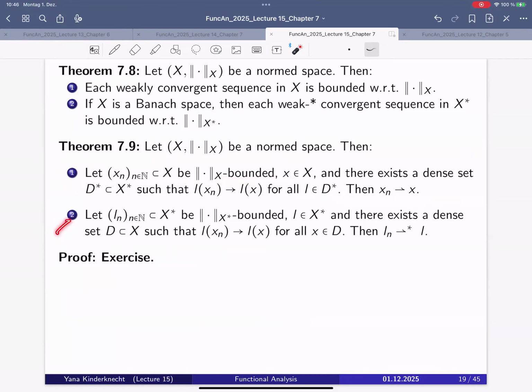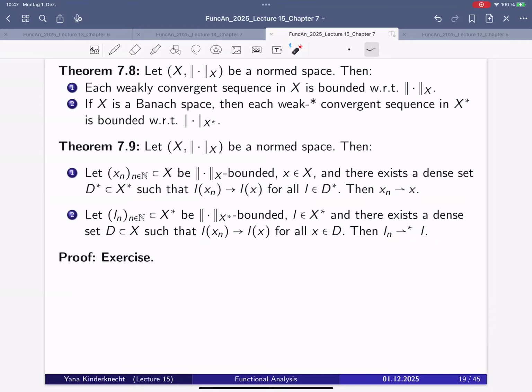And a similar statement here. For weak star convergence, we need this condition for all x in X. But instead, we have only a dense subset in X such that this condition holds, and norm boundedness of the sequence. Then we can conclude the convergence.